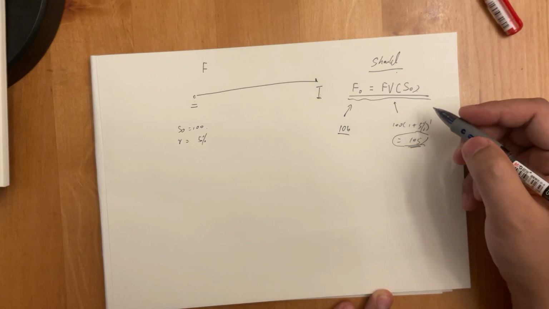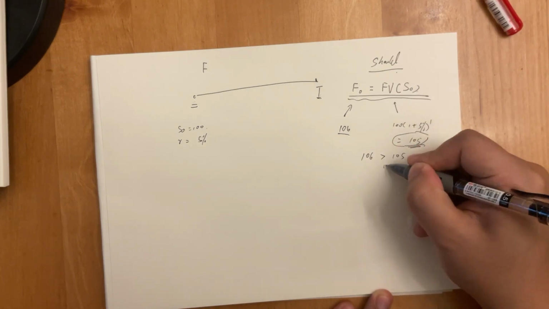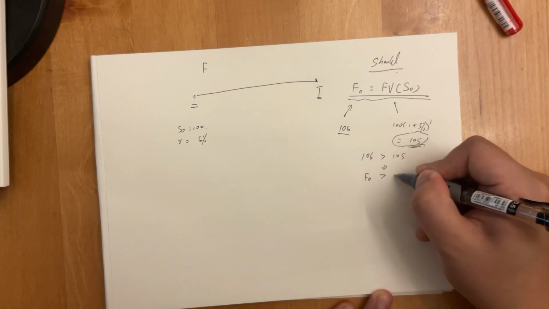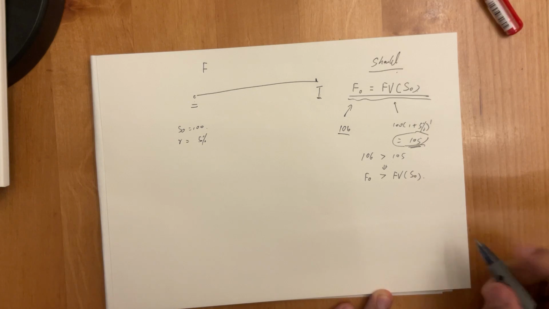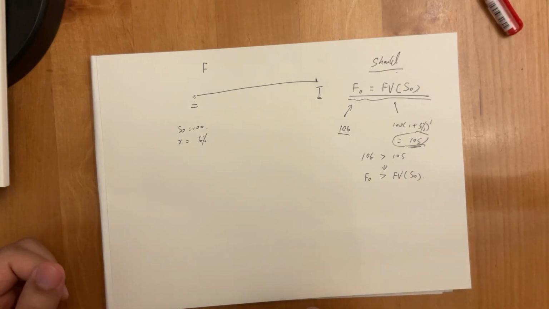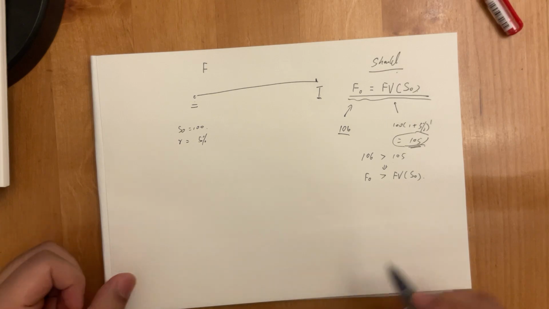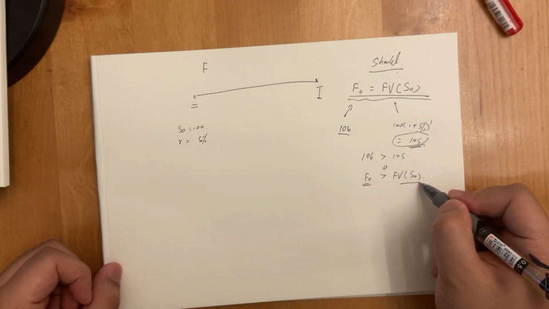So you can do the arbitrage because 106 is bigger than 105, and F0 is bigger than the future value of S0. So if you already calculate that at time 0, what are you gonna do? Pretty simple. This is higher, this is lower.